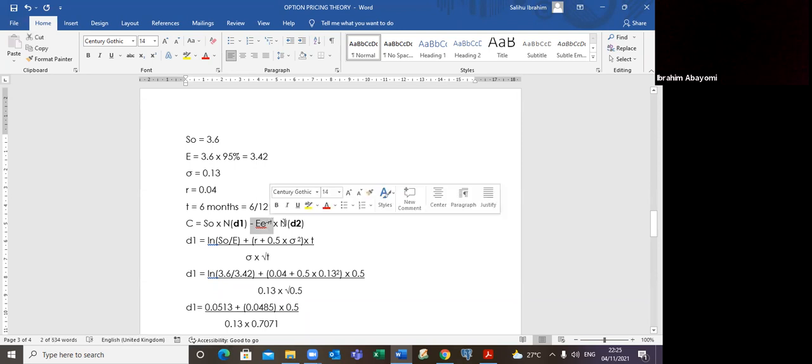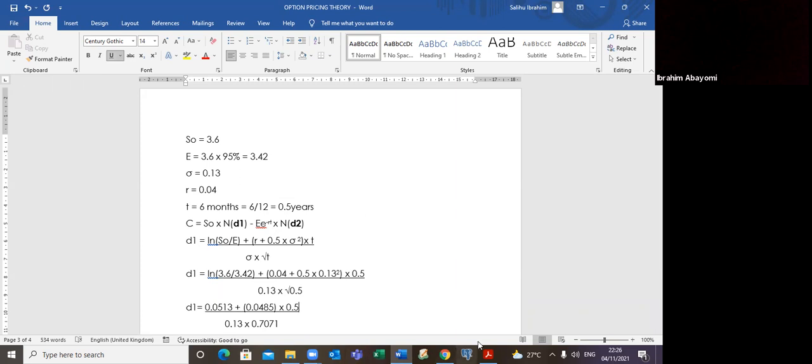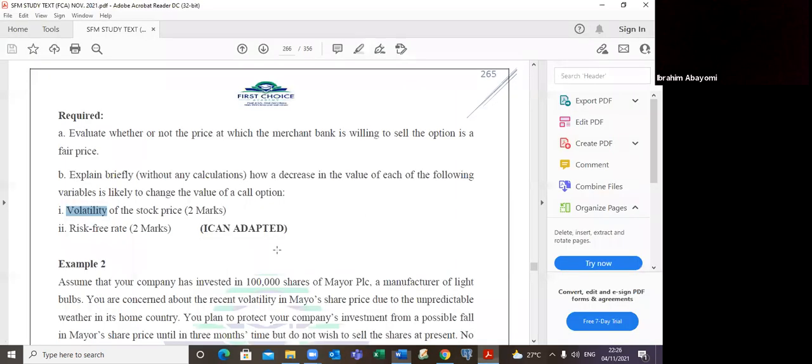And if the exercise price is low, it means what you are going to subtract from here will also be small. That's the way to interpret this. I already told you that this thing here represents the present value of the exercise price. So if the discount rate reduces, did they say reduces or increases? Let me check, so that I won't be giving you wrong information.